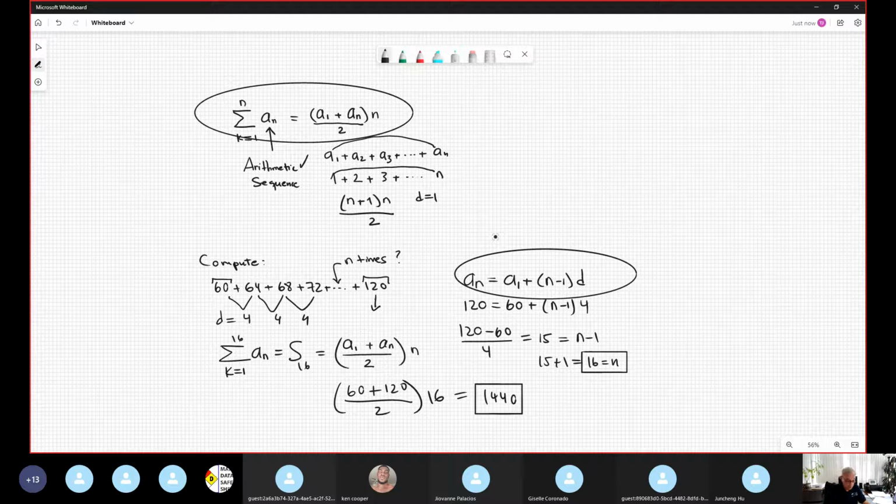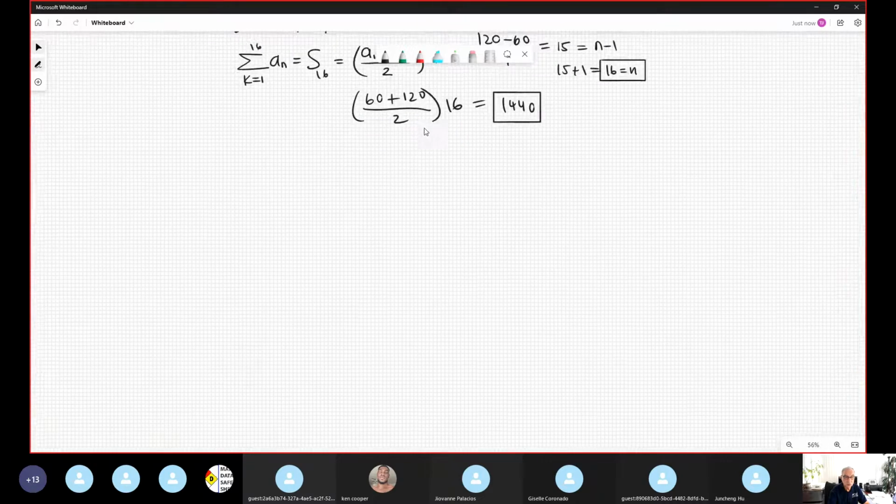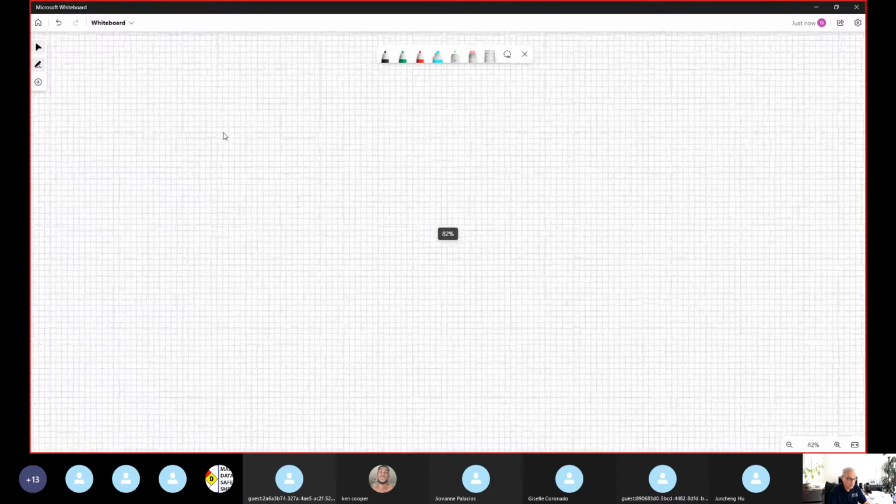Let's practice. I bring two examples I consider interesting of the summation in arithmetic sequences. Suppose this example. Compute that.